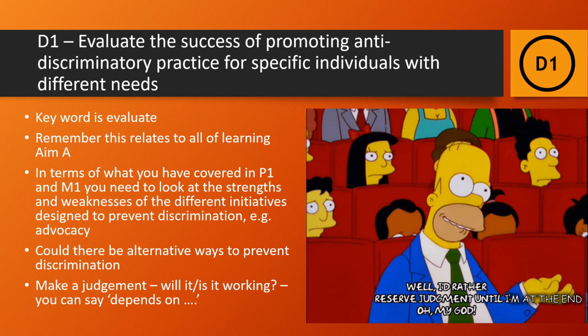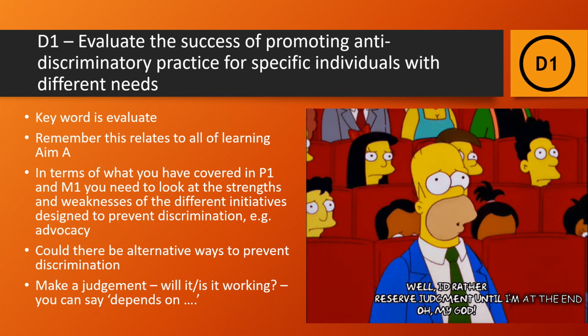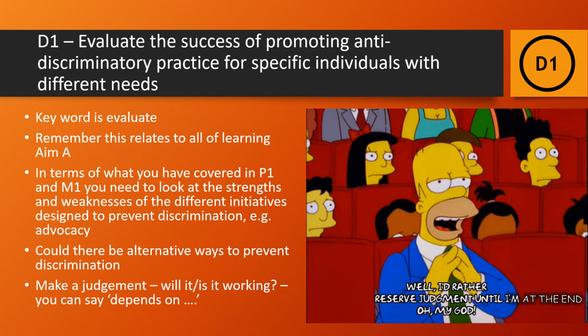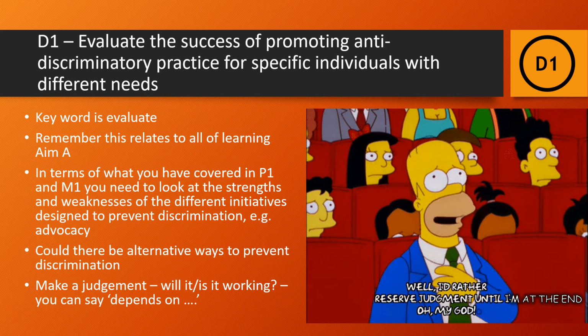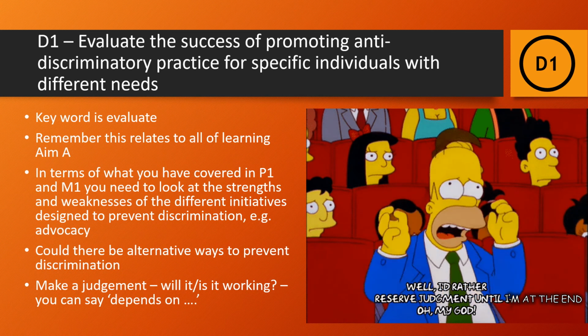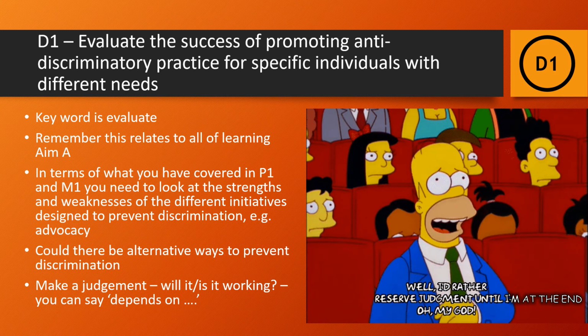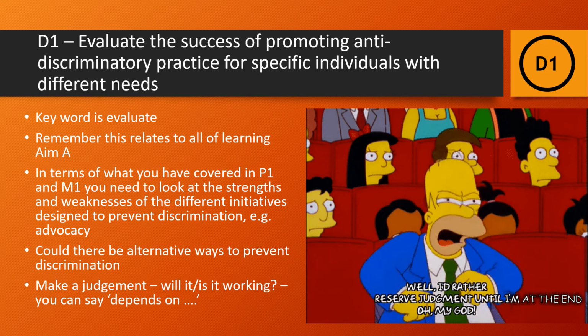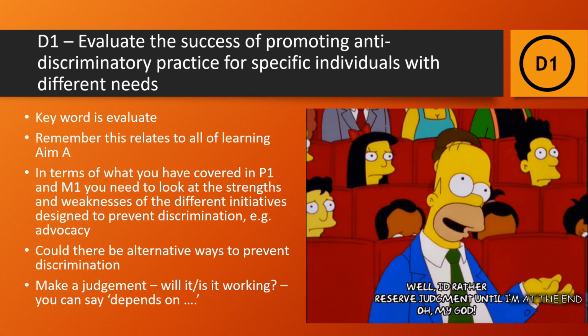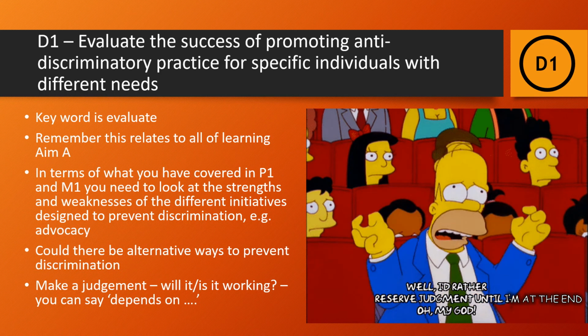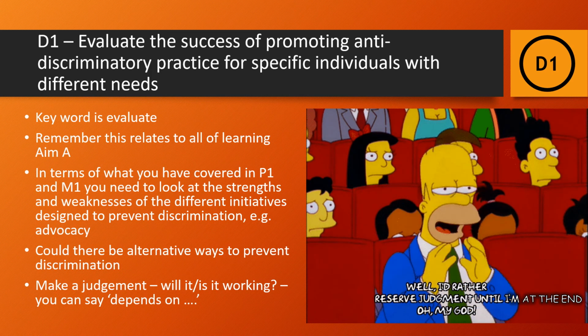What would undermine it? What could prevent it from having an impact? Could there be alternatives to protect your individuals? And as I said, make a judgment. Will this support work? Is it not working? Is there something better that you could use as a replacement?